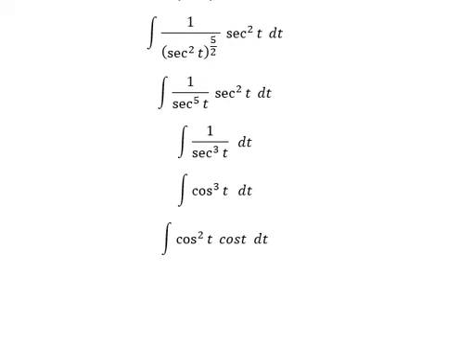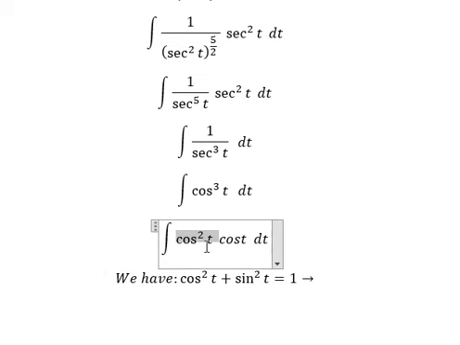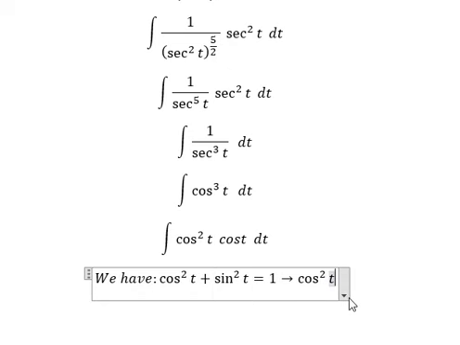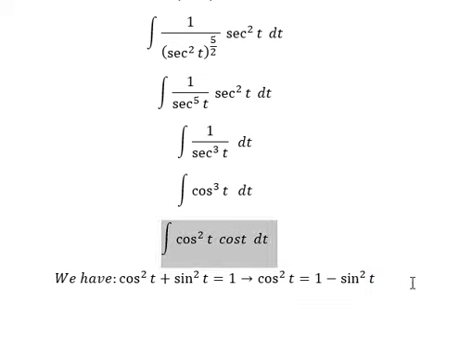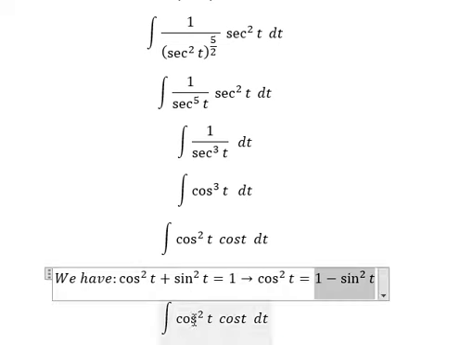Now we have the formula in here. Because we have cosine squared t, I will move this to the right. So cosine squared t we change for 1 minus sine squared t.